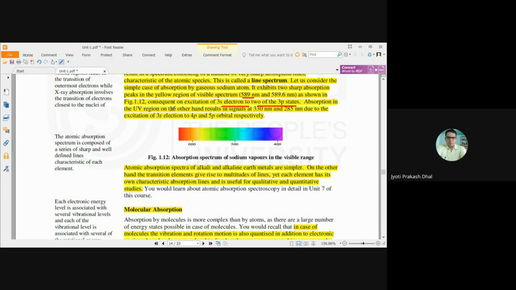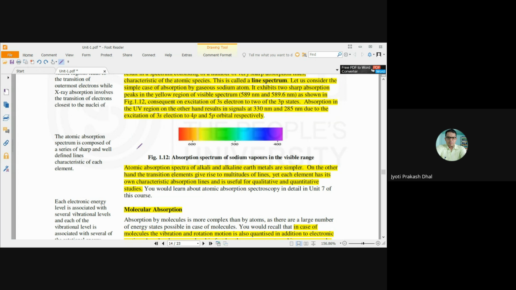Absorption in the UV region, on the other hand, results in signals at 330 nanometer and 285 nanometer, due to excitation of the 3s electron to 4p and 5p states. So if the sodium atom is excited by visible light, it absorbs two radiations, at 589 nanometer and 589.6 nanometer, due to excitation of the 3s electron to the 3p state.